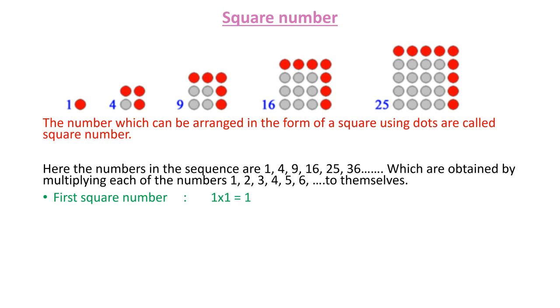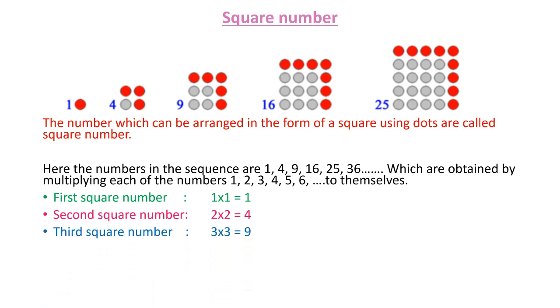For example, the first square number is 1 cross 1, that will give you 1. The second square number has 4 dots. We get 4 by multiplying 2 cross 2, 2 into 2. So this will give you 4.